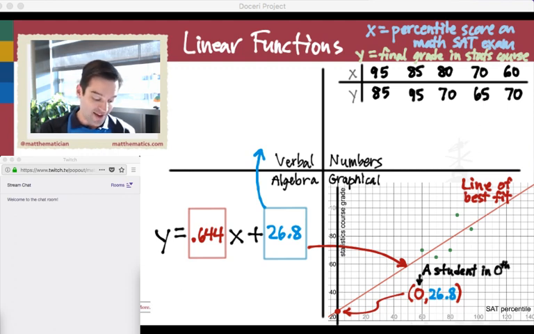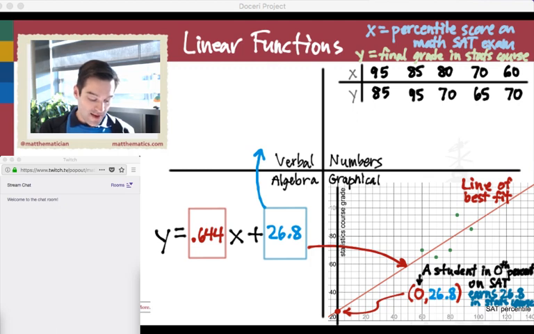I suppose if you never take the SAT, you're by definition in the 0th percentile on SAT Math, is correlated here to 26.8 in the y-coordinate, final grade in statistics course. So we would say here, earns a 26.8 in the stats course.